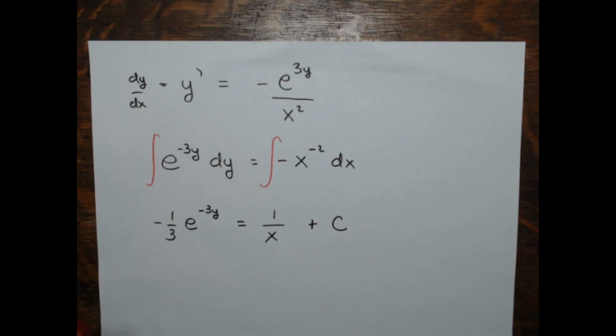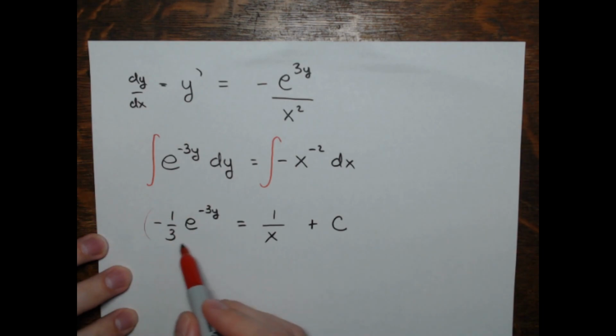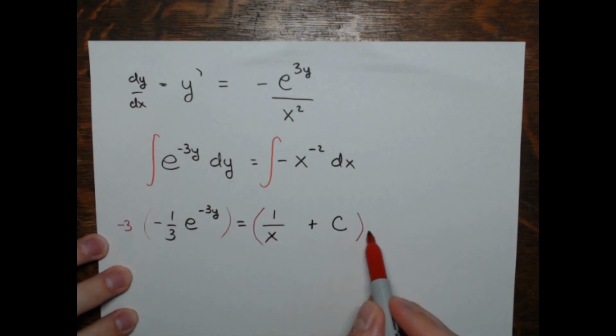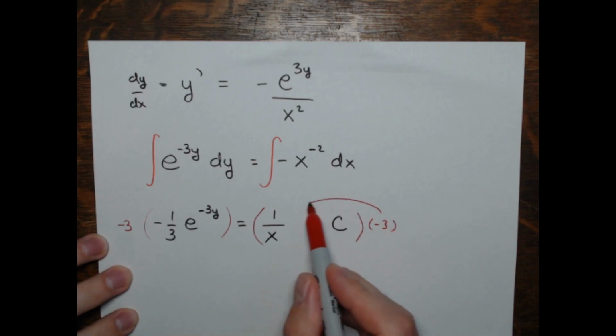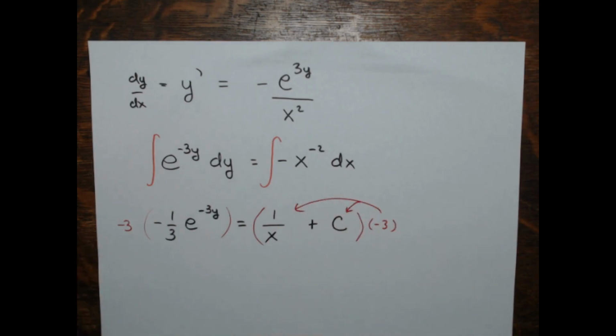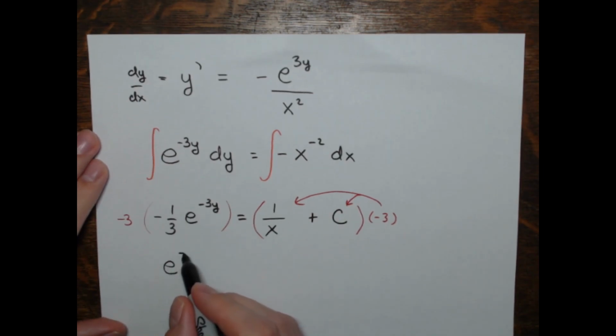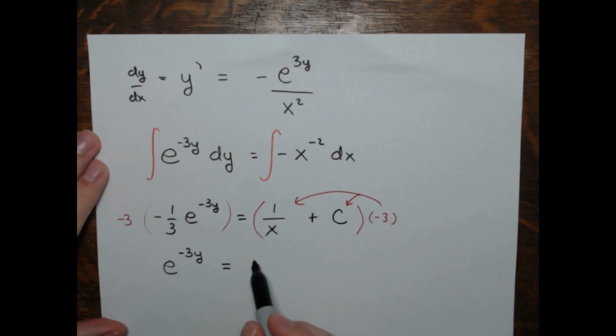So I'm going to try to get y alone here. I'm going to multiply both sides by negative 3, and that'll be both of these terms over here. So that'll give me just e to the negative 3y on the left. And then I'd have negative 3 over x, now minus 3c.